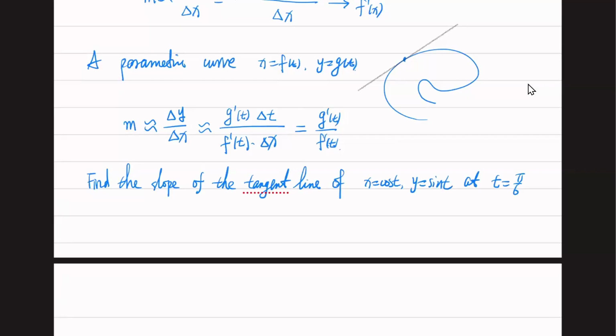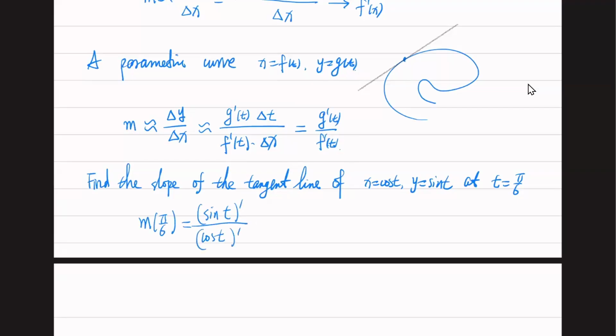Okay, we have a question now. Where do we start? That's the formula. So in this case, what is g? Sine t. All right, so the slope at pi over 6 is the derivative of sine t over the derivative of cosine t.